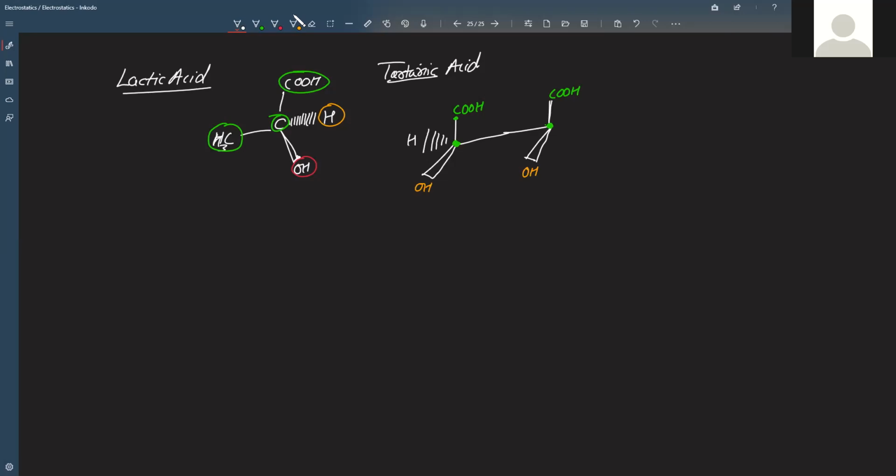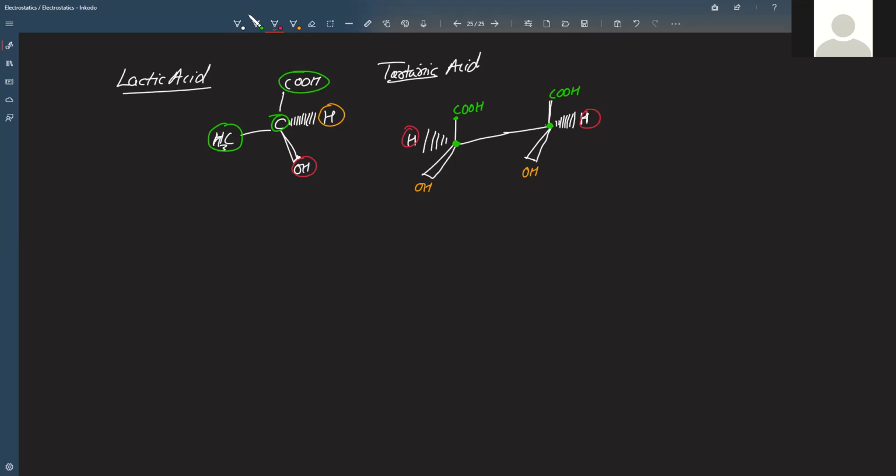Now we don't need to draw it with so much care here. As you can see here, we can directly draw these with the lines. Dashed line means it is at the back, and if it is a solid wedge, it is on the top, and if it is just solid lines, that means it is in the same plane. So that's how we represent.